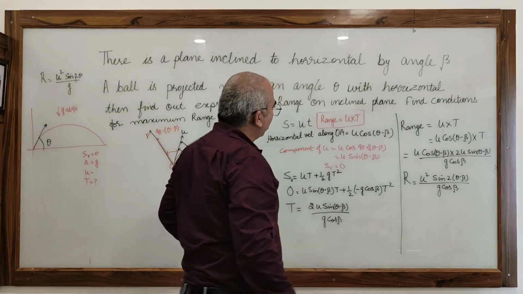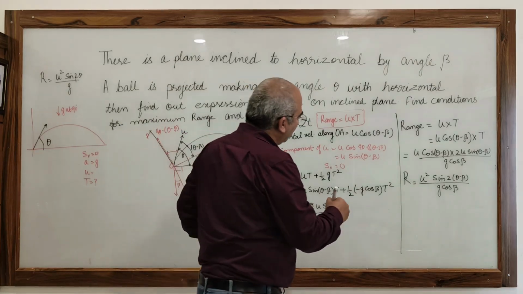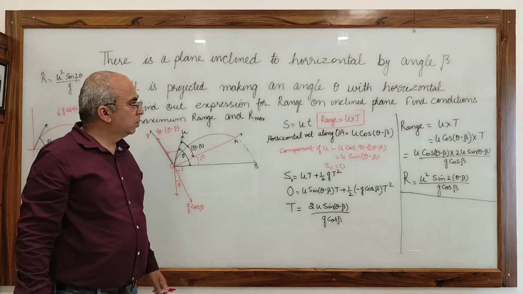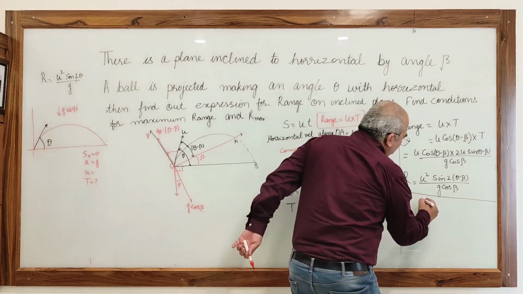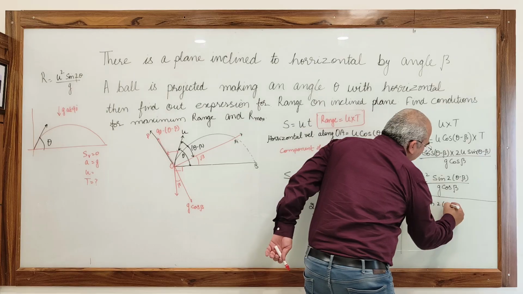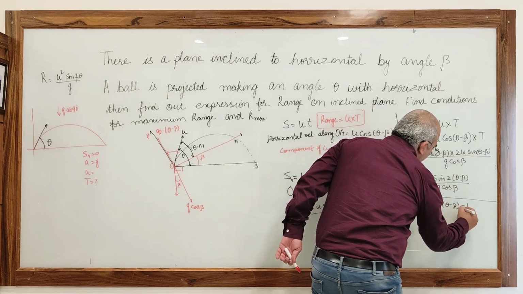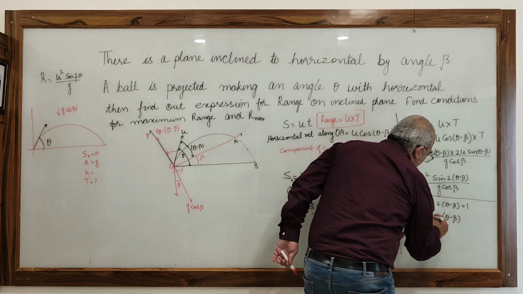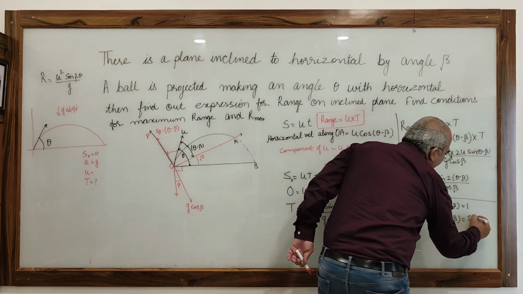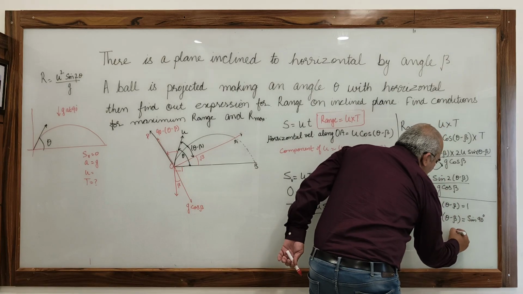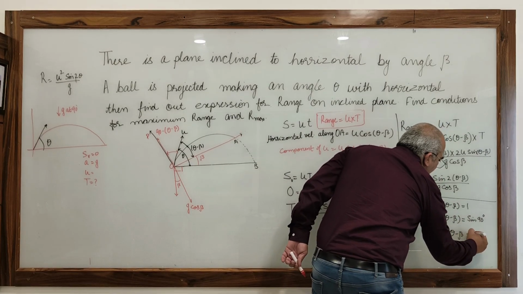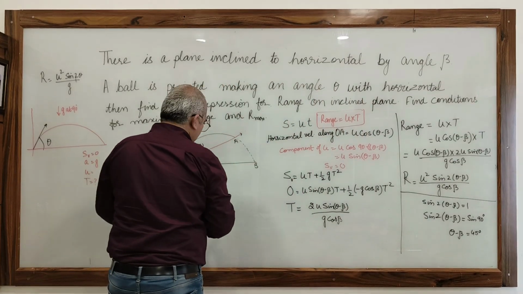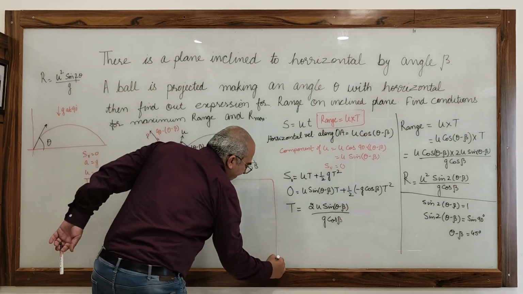Now the condition for R max. This is simple. We know the maximum value of sine is 1. So we put sin 2(theta minus beta) equals 1, so 2(theta minus beta) equals 90 degrees. If we solve this, theta minus beta comes out to be 45 degrees. So what will be the R max in this case?